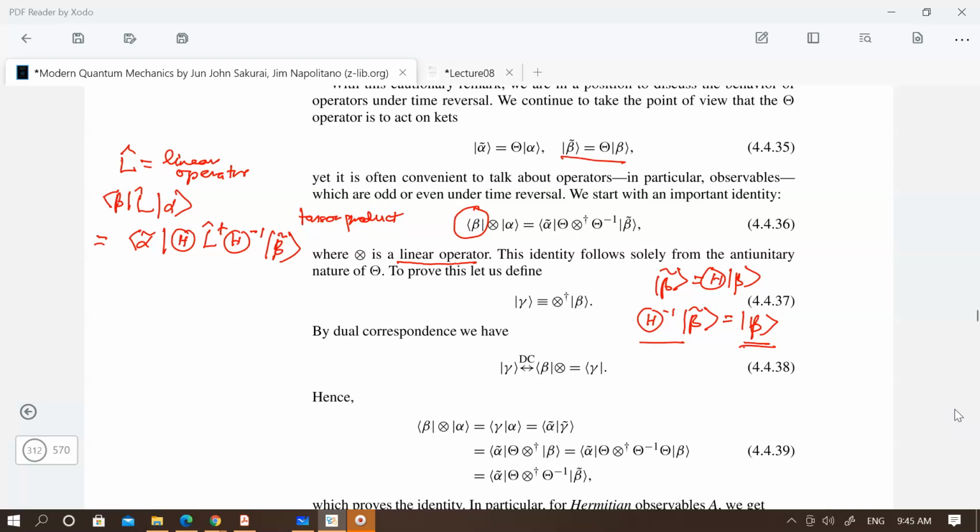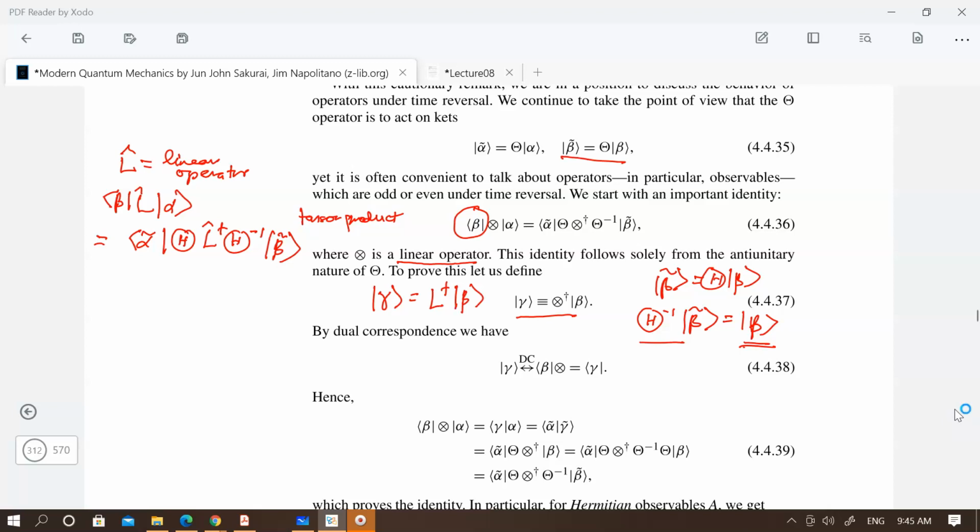But now over here it appears as a bra vector instead. So this is why it defines over here. It wants to show what is actually happening on your bra vector. So here we are defining gamma as the action of L dagger on beta.